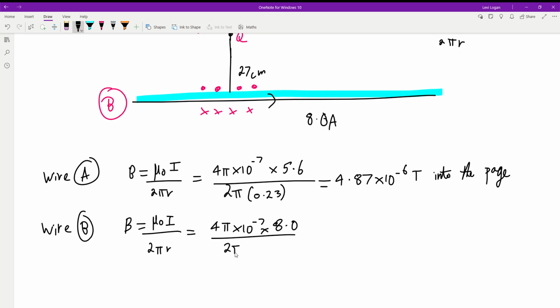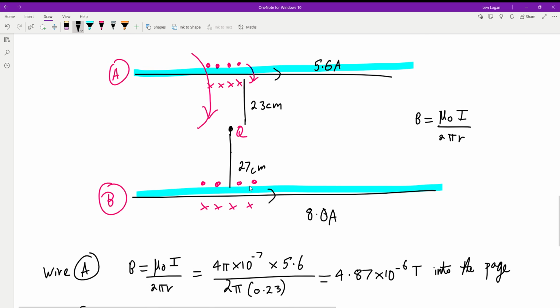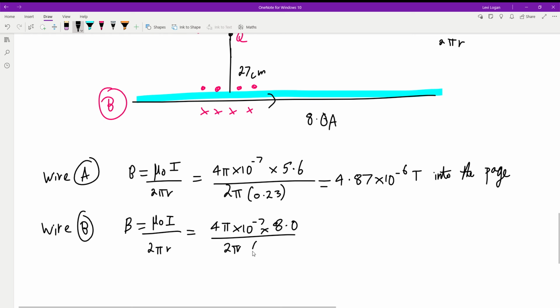Divide by 2 pi, and that distance there is 27. Don't forget to put that in meters for SI units, 0.27. Plugging that into the calculator, 4 shift pi times 10 to the negative 7 times 8 divided by 2 pi on 0.27. Okay, so I got 5.925 times 10 to the negative 6 Tesla. Now I'm going to round that real quick, so I'm going to have that as 5.93.